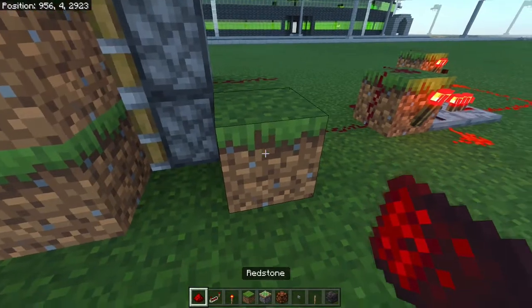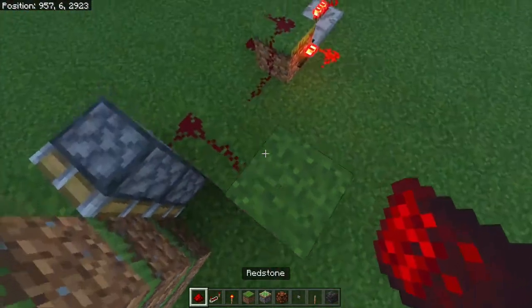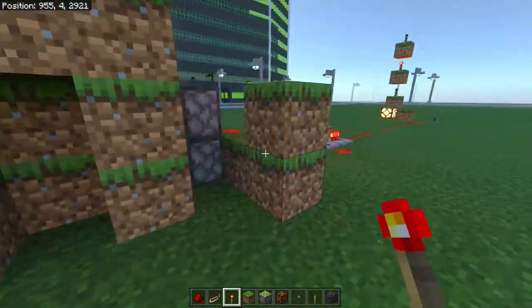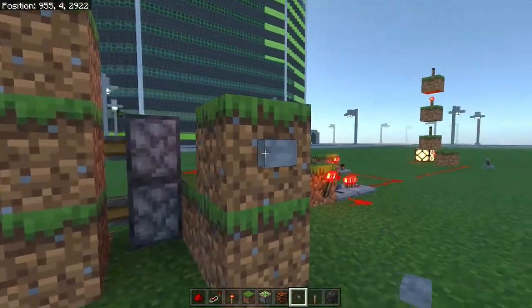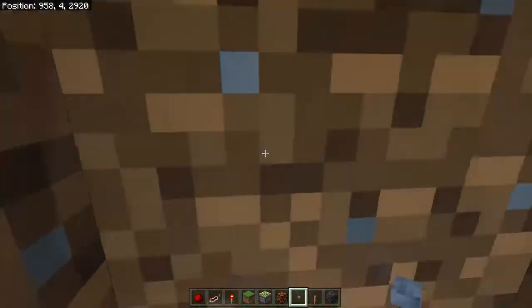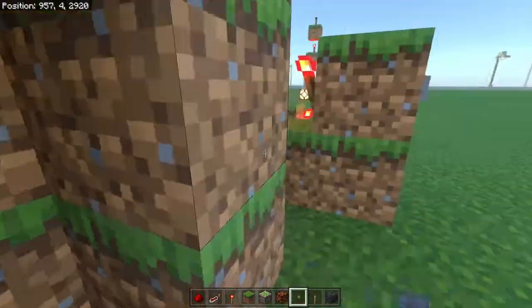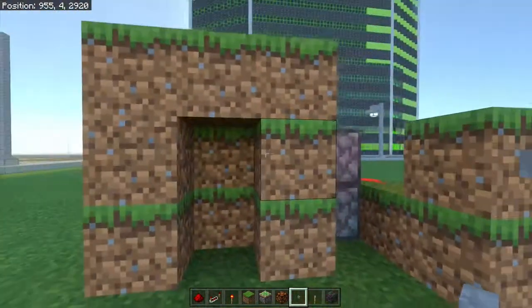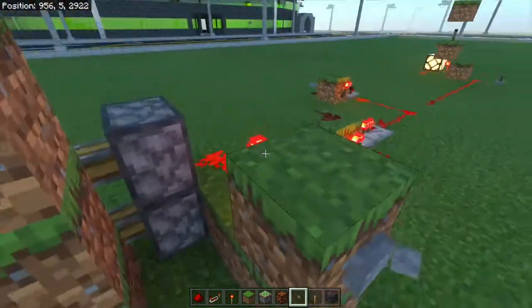Or actually, I guess you do a torch here to invert that so it's closed by default. And then you press that button and try and race your way in before it shuts, which works, but it's not ideal. Especially if you have to walk that far. Obviously, you put the button a little closer than I just did.